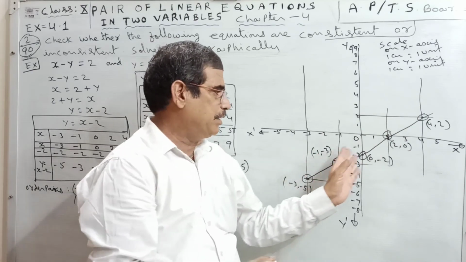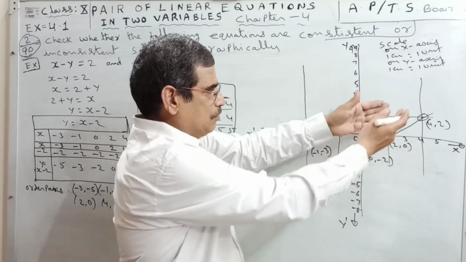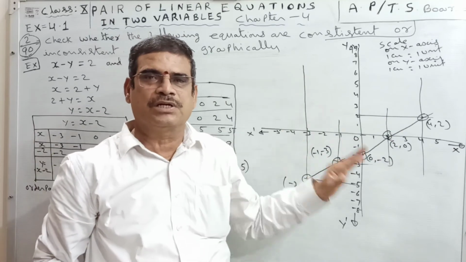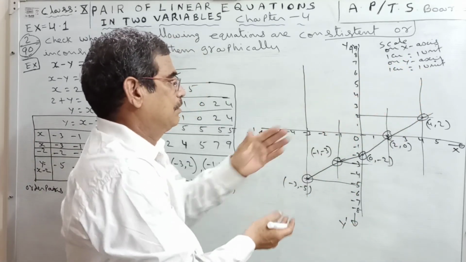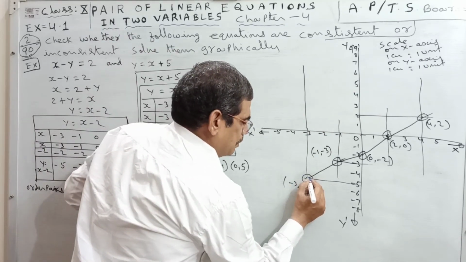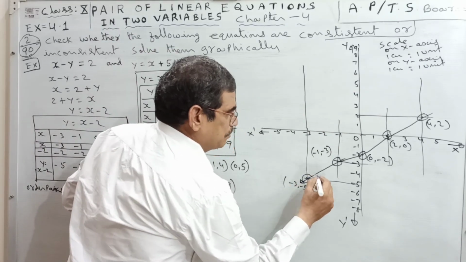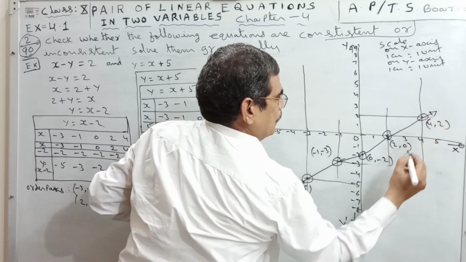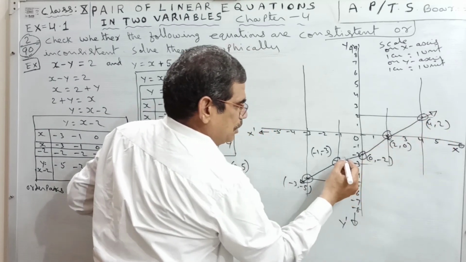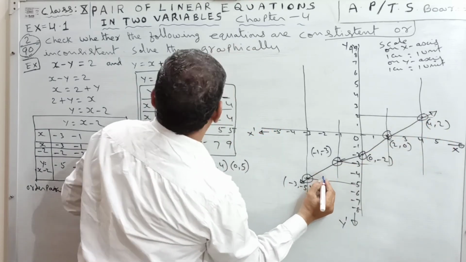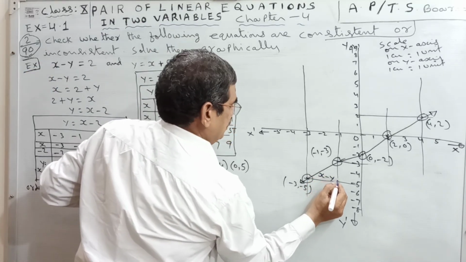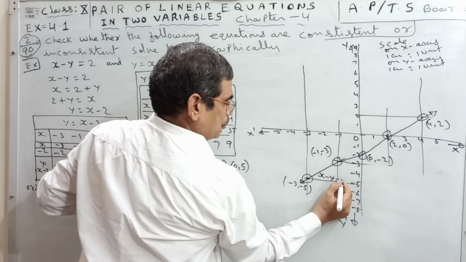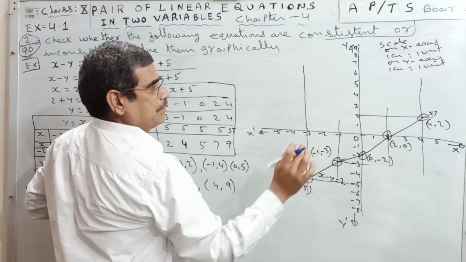If you take these points in order, a straight line will come. Guaranteed a straight line will come. So all these points you can join with a scale. You can extend this line also. So what is this line's equation? x minus y is equal to 2. So this is the equation of this line.